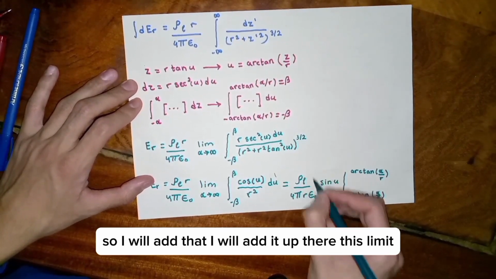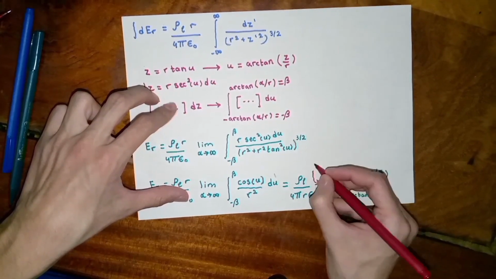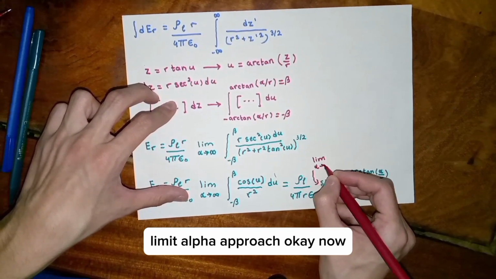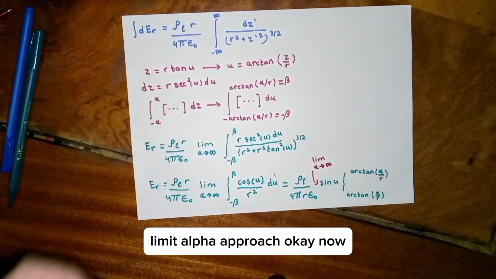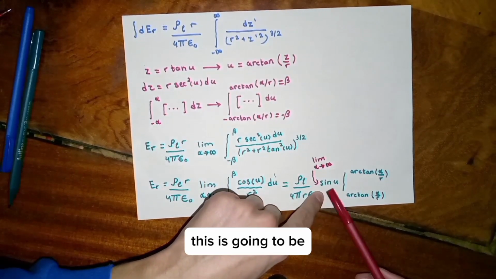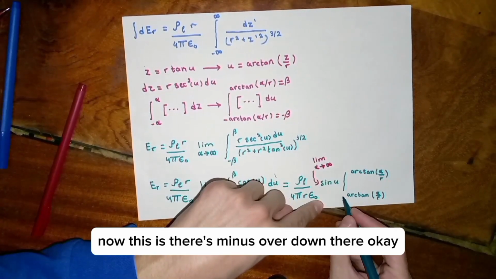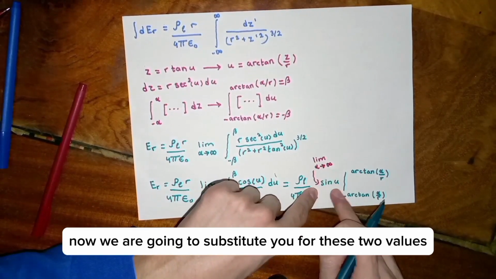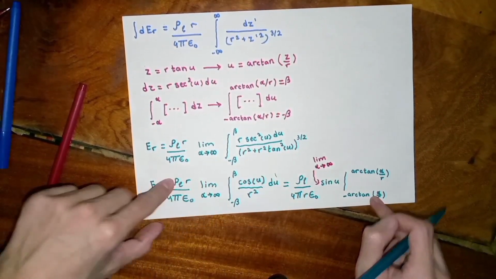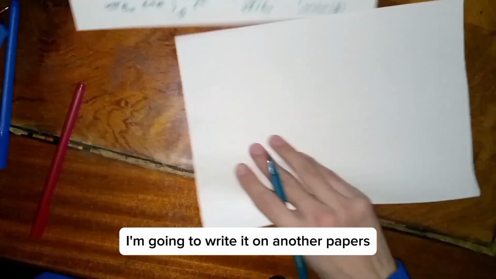Okay, so I will add it up there, this limit as alpha approaches infinity. Now this is going to be, no, there's a minus over down there. Okay, now we are going to substitute u for these two values, and the answer is going to be like this. I'm going to write it on another paper.